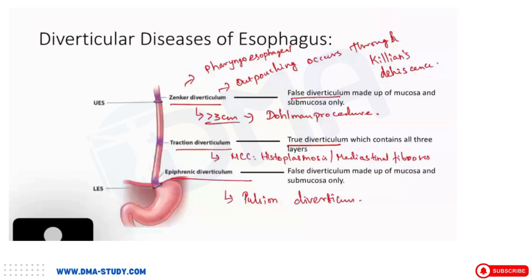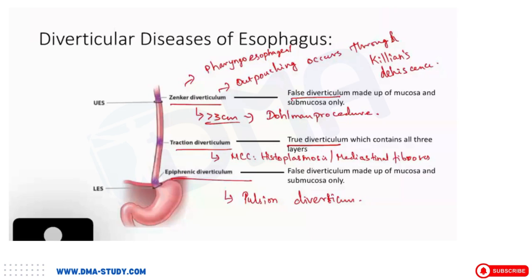Zenker's diverticulum. Very good. Esophageal manometry showing a DCI of more than 8,000 indicates what condition? Jackhammer esophagus.